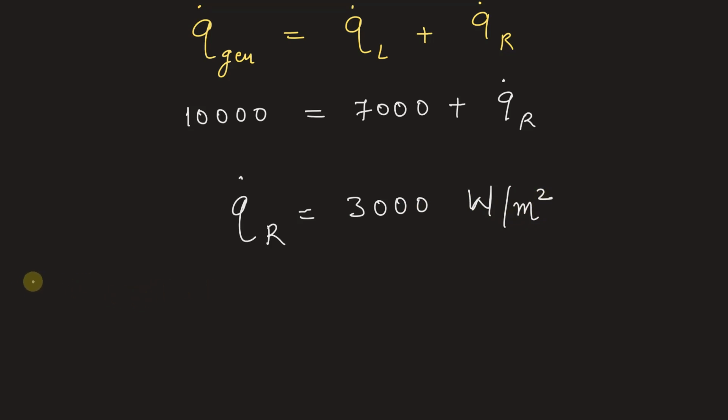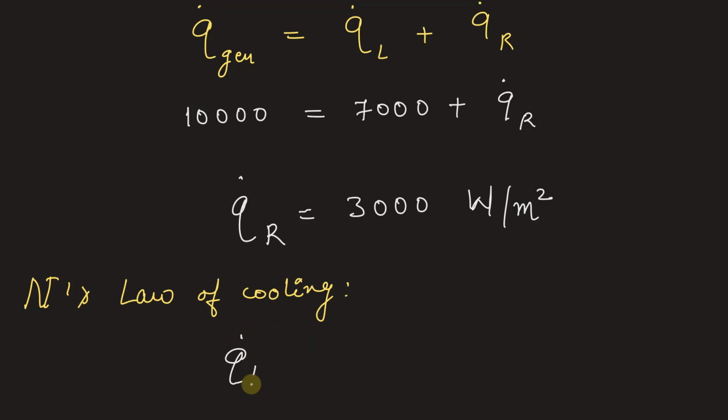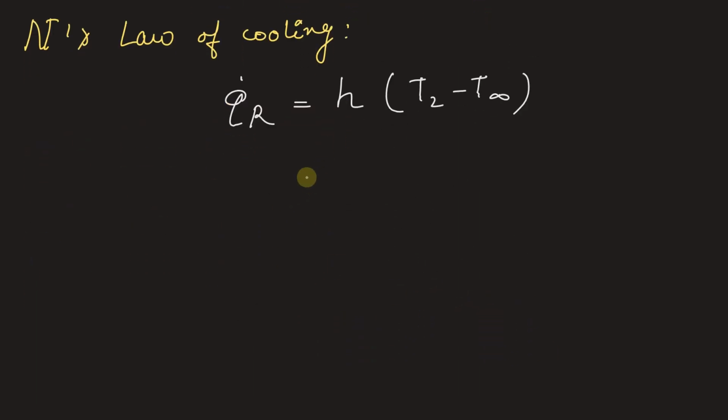Now again, by using Newton's law of cooling, we can write heat flow rate in the right surface is equal to h times (T2 minus T infinity). Now from this equation we can write T2 should be equal to Q dot R by h plus T infinity.